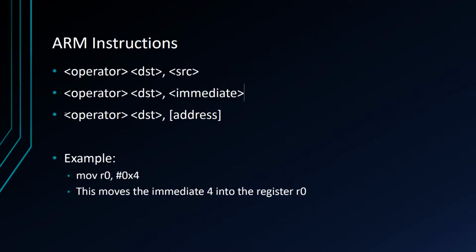And if we get into memory operations, which again, not in this tutorial, but just to put it out there: operator, destination, address. So look at this example, right? Really, really easy. Move, that's the operator. It says to move a value into the destination R0, the number 4, right? So at the end of this example, you're going to have the number 4 in register 0, right? Cool. I think this is pretty straightforward.